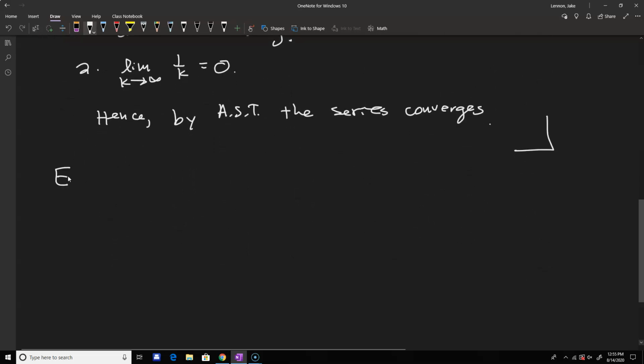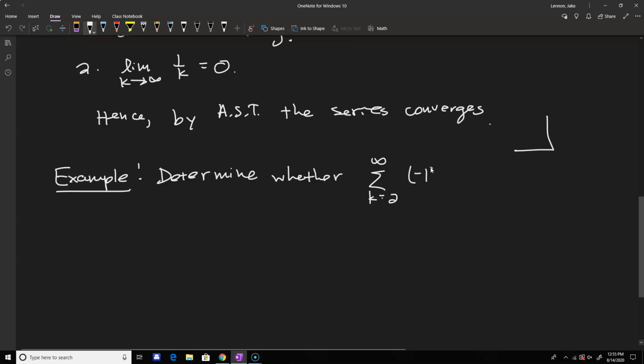So, example. Determine whether the series from k equals 2 to infinity of (-1) to the k, natural log of k over k, converges.